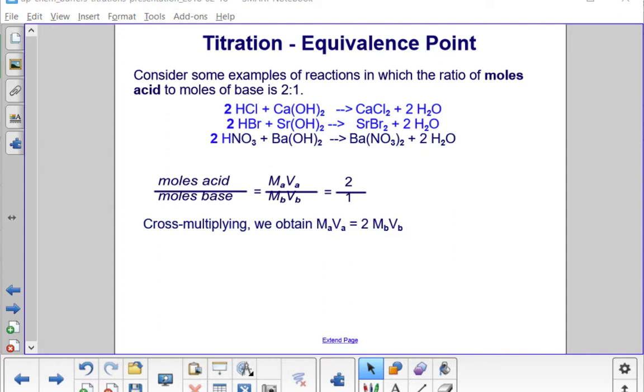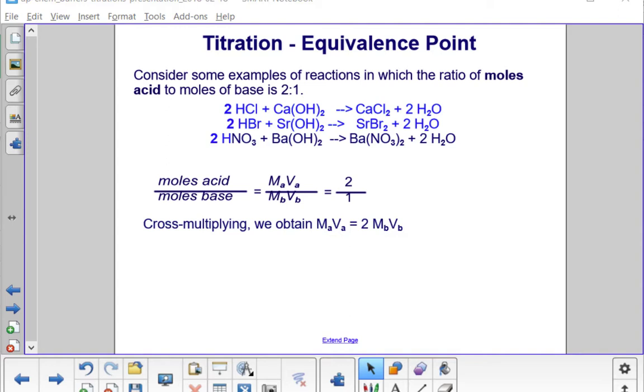So I'm just going to find the ratio of moles of acid to moles of base. And so moles, remember, is MAVA, concentration times volume.